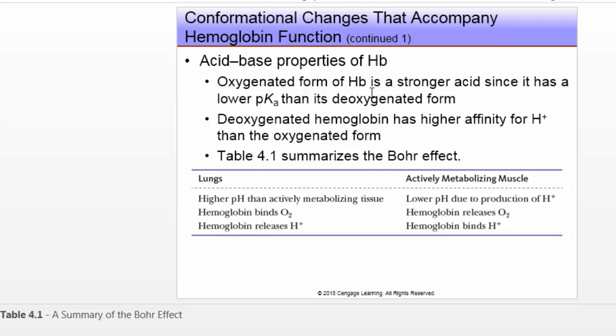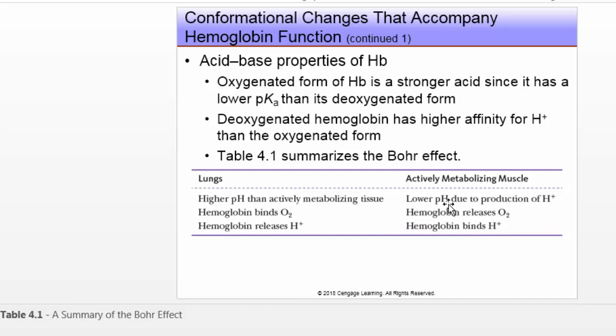So the deoxygenated form is a weaker acid, since it has a higher pKa than the oxygenated form. Deoxygenated hemoglobin has higher affinity for H plus than the oxygenated form, and this is found in the actively metabolizing muscle. After hemoglobin releases O2, it becomes deoxygenated hemoglobin.